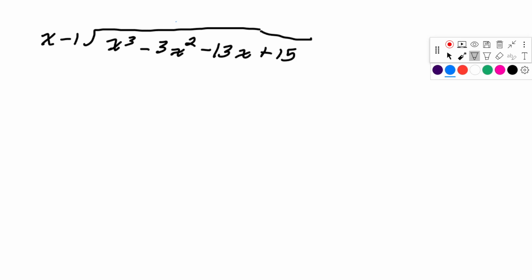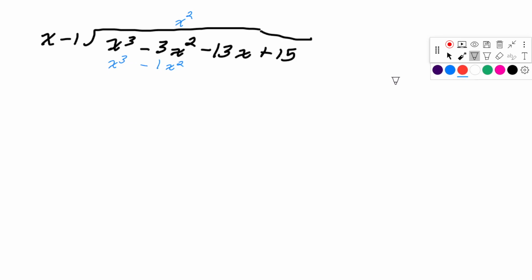Well, hopefully you're thinking, well, that's going to be x squared. When I take x squared times x, I have x cubed. When I take x squared times negative 1, I have negative 1x squared. So we found what we take times x to get x cubed. We've multiplied the x squared with each of these terms.